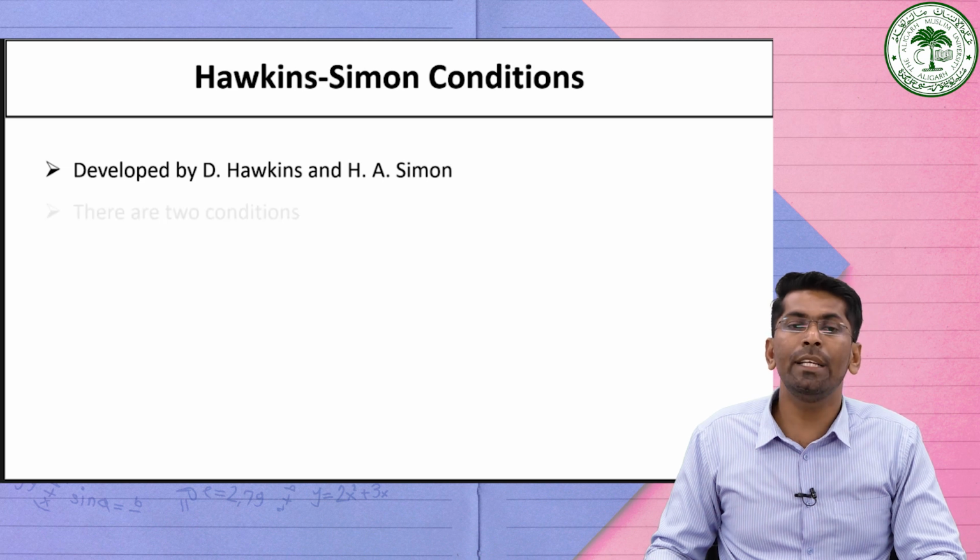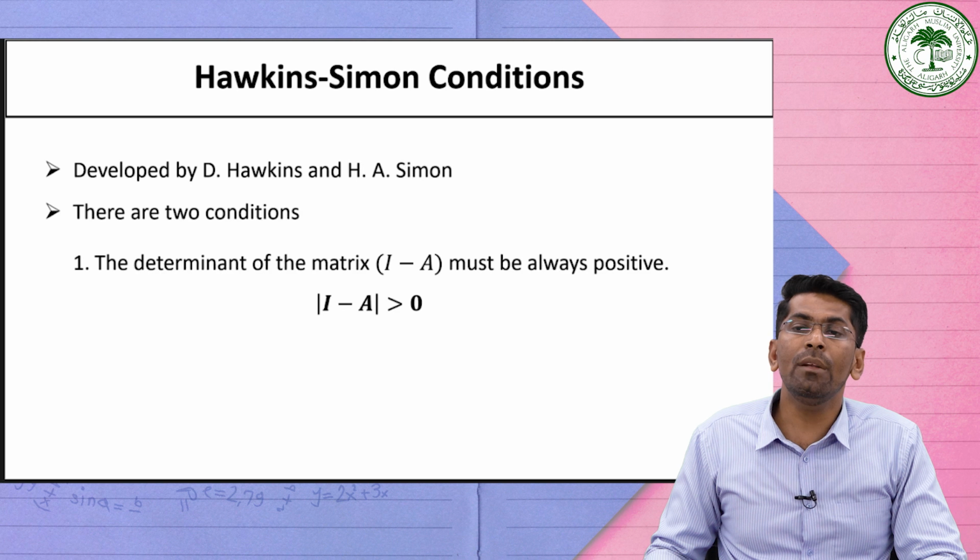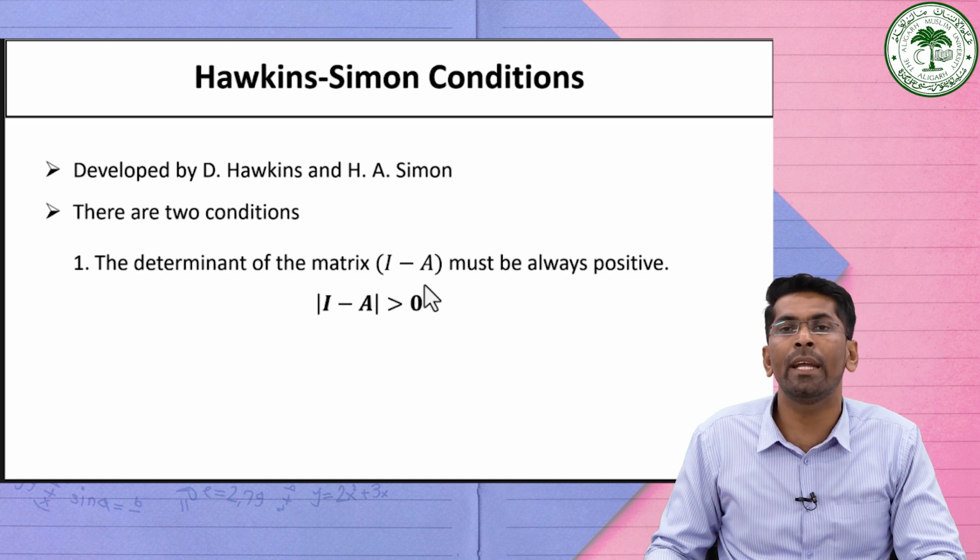The first one is that the determinant of the matrix I minus A, the identity matrix minus the coefficient matrix, must always be positive. That is, the determinant value must be greater than 0, so it should be a non-singular matrix.